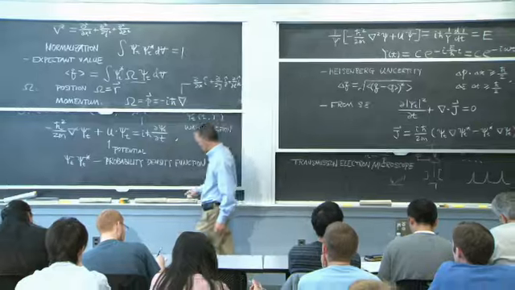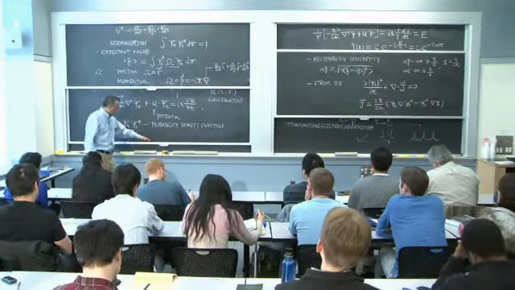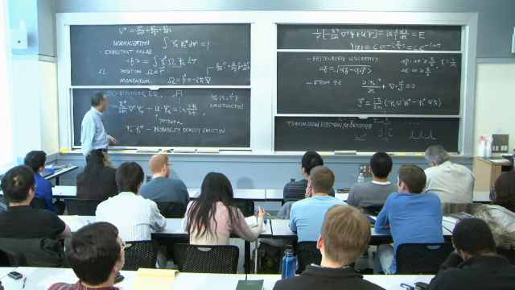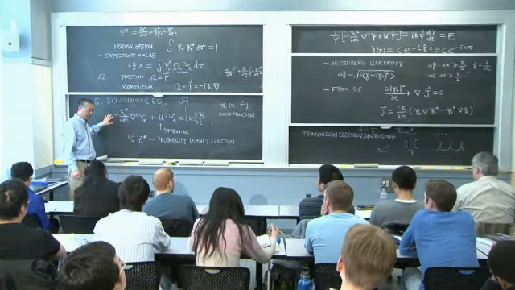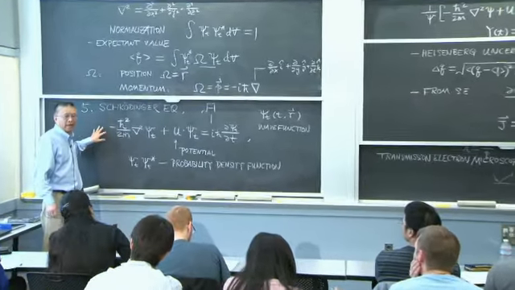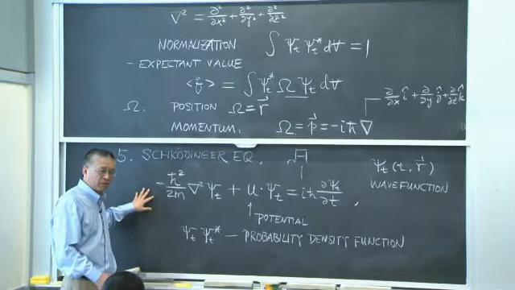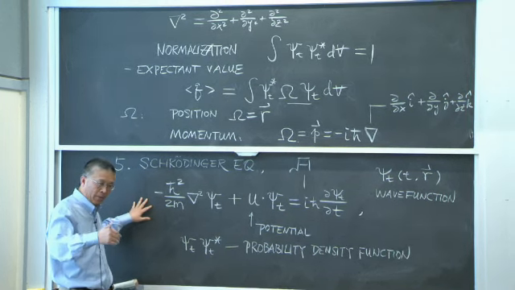Let me recap. It's a lot of material. That's a lot of basic things. So for a material wave, at least let's say I like to use the Schrodinger equation. Physicists actually like to use different approaches. There are 3 different ways to do quantum mechanics.